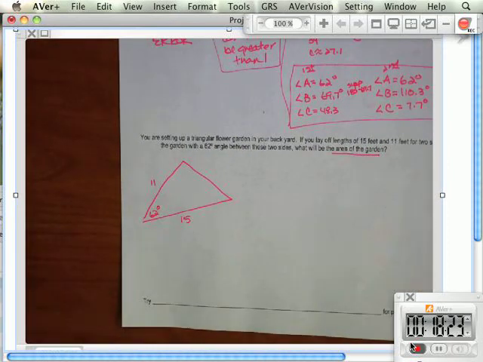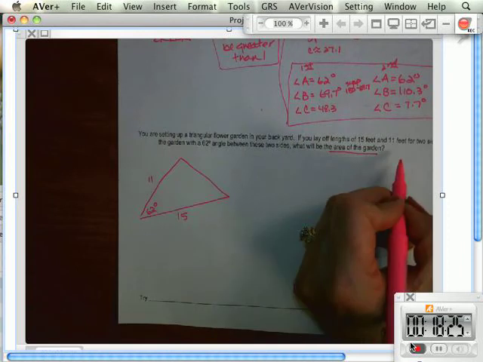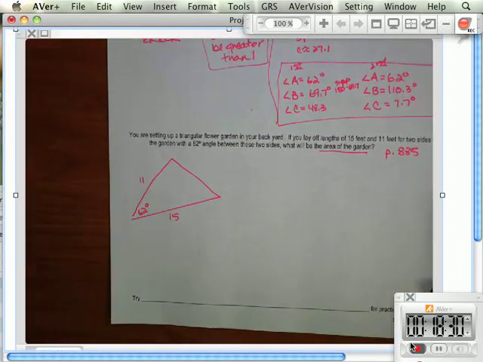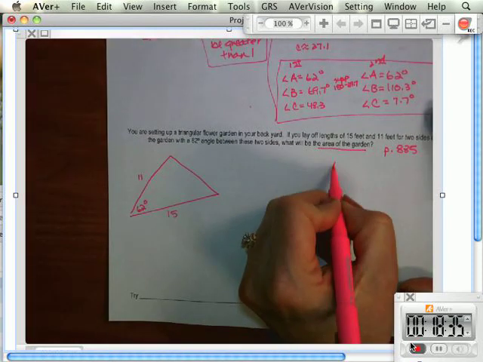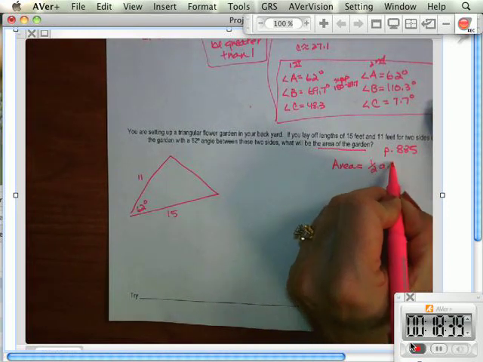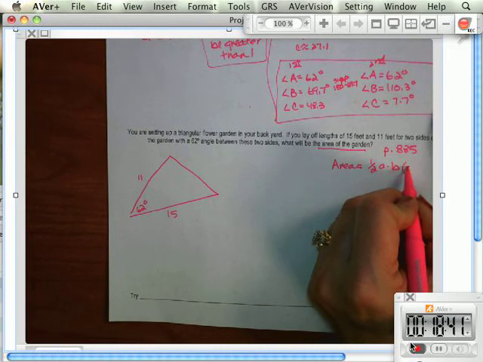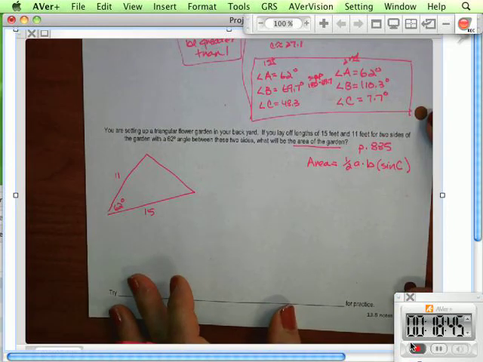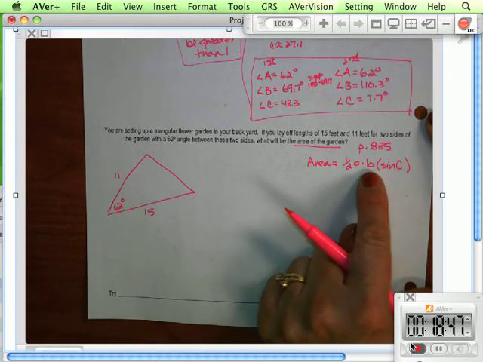But guess what? On page 885, there are the formulas for area, which are on your sheet. Do you see them? I'm going to write them down right here. Area equals 1/2 A times B times sine C. So you have to have side A and B and angle C here.